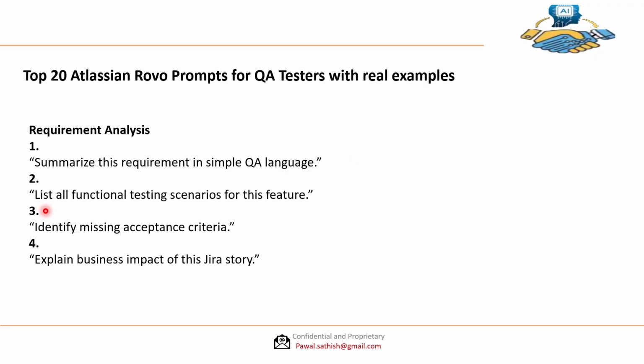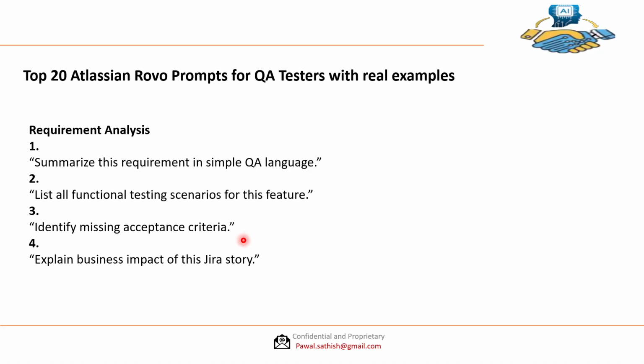Then we can ask it to list all the functional testing scenarios for this feature, so we'll also get the feature list. We'll review that list, identify some of the scenarios, and confirm with the product owner. Then Rovo will identify the missing acceptance criteria.